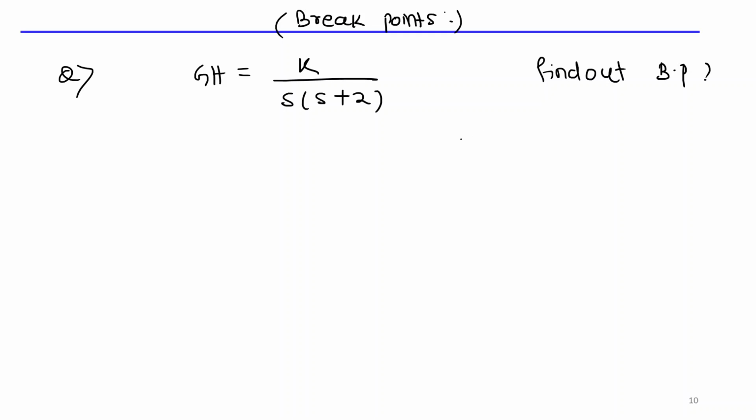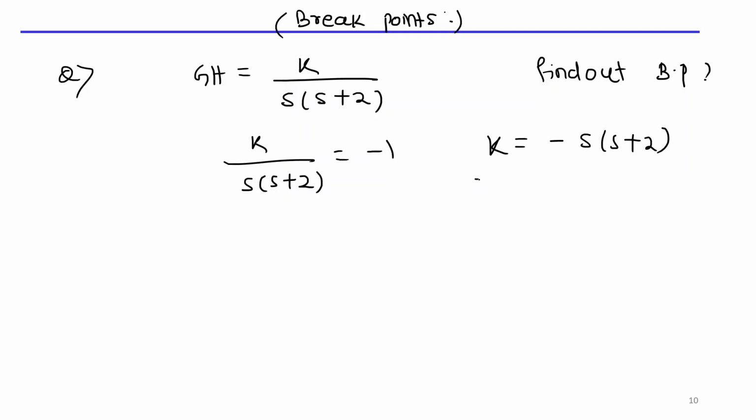Everybody, please. So K divided by s into s plus 2. Put G(s) equal to minus 1. Find out K. K is nothing but minus s into s plus 2. dK by dS equal to 0.